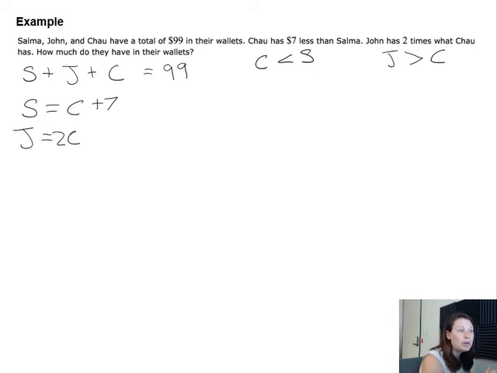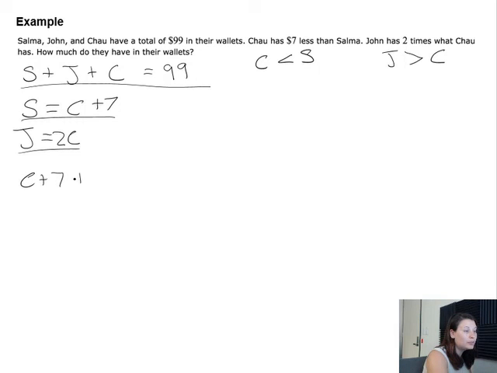So now, how much do they have in their wallets? Well, because of how we set this up, we have S in terms of C and J in terms of C. We can replace right here and have one equation with only C. So S is C plus 7 plus J, which is 2C, plus C is equal to 99.